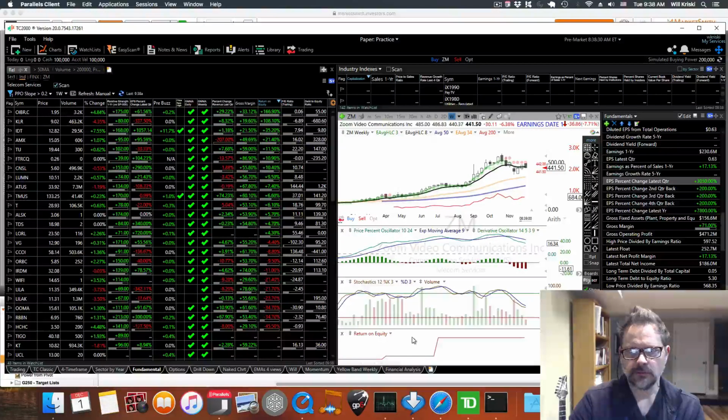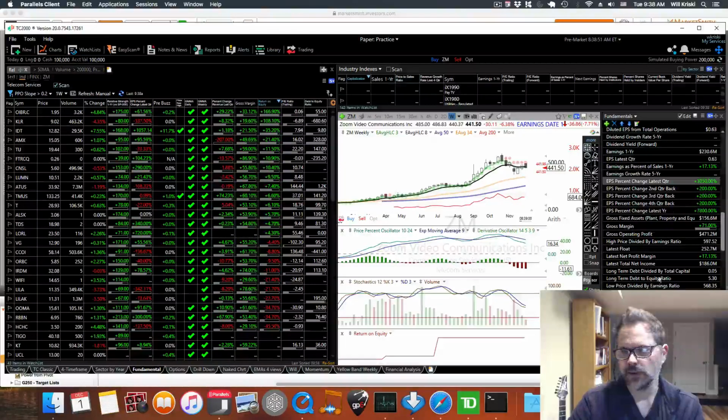On different tabs you can have different indicators. Return on equity is one of the measurements for companies that generally have some earnings, and you see this increase in return on equity, which is obviously really good.